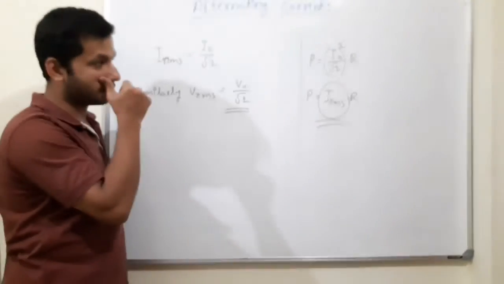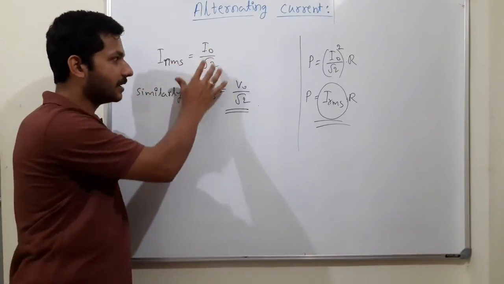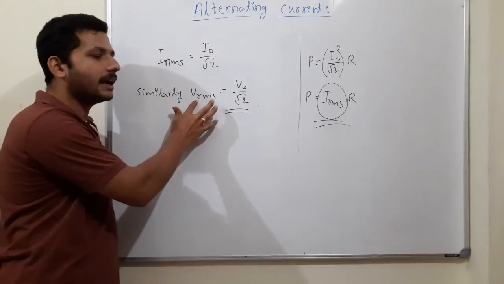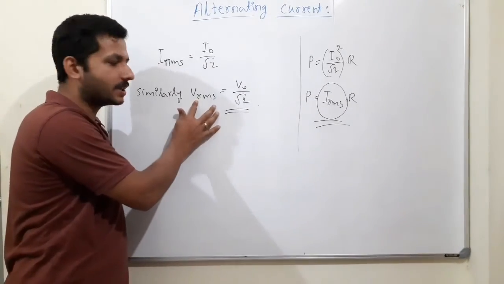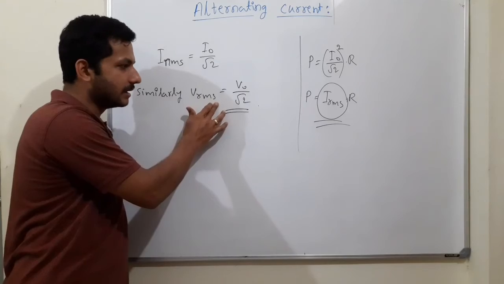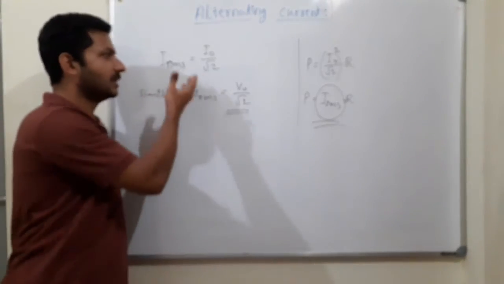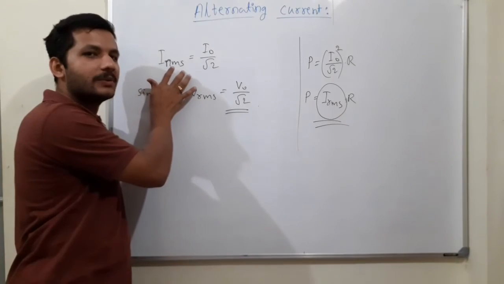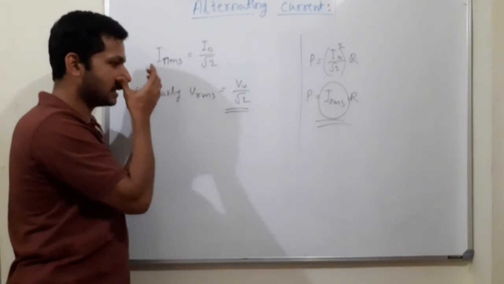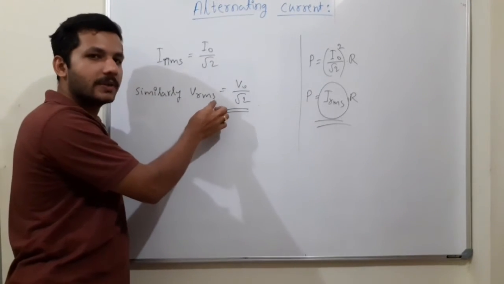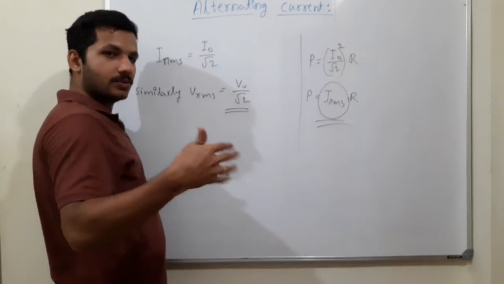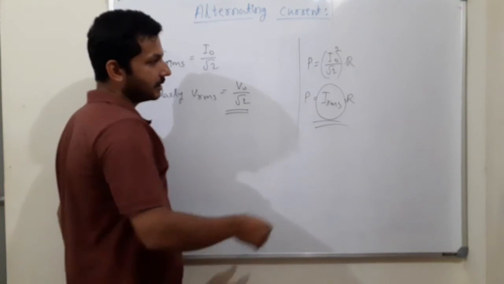Yes, we have come to the end of this derivation part. IRMS is equal to I naught by root 2. We discussed already. Similarly, VRMS, voltage root mean square value, is equal to V naught by root 2. Same like I, that is current root mean square value is equal to I naught by root 2. Similarly, V root mean square value is equal to V naught by root 2. Just I wanted to tell you that point which I told you already.